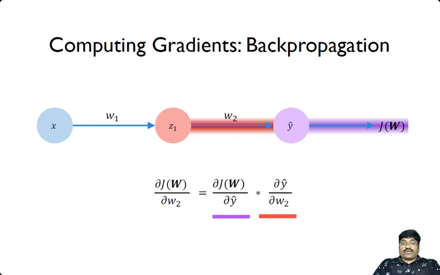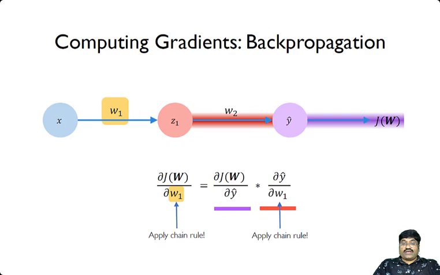Now, if we want to repeat this process for a different weight in the neural network, let's say now W1, not W2, we replace W2 with W1 on both sides. We also apply the chain rule, but now you are going to notice that the gradient of y with respect to W1 is also not directly computable. We have to apply the chain rule again to evaluate this.